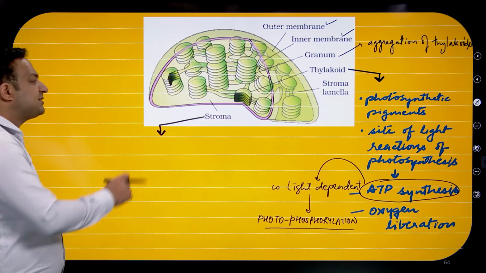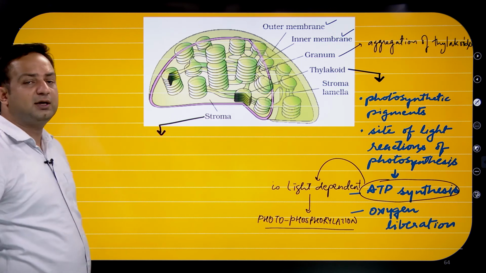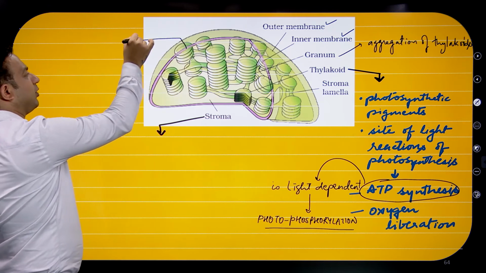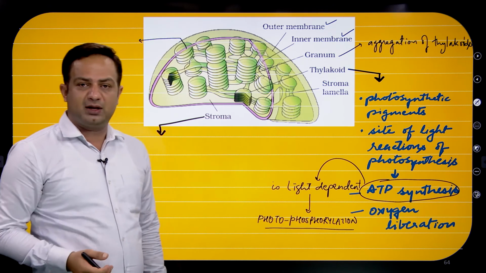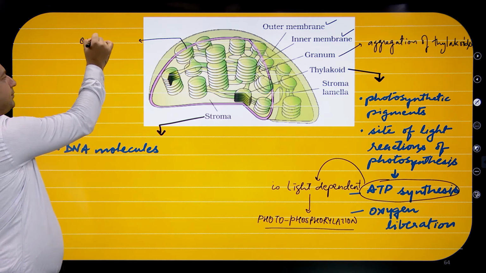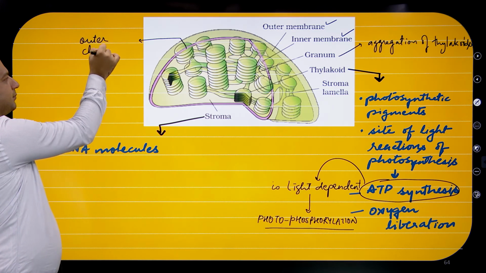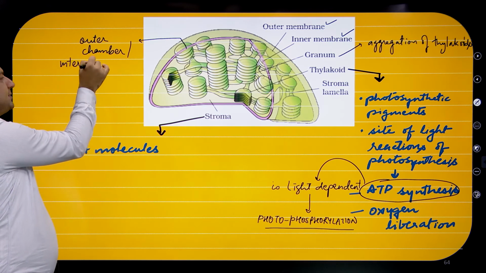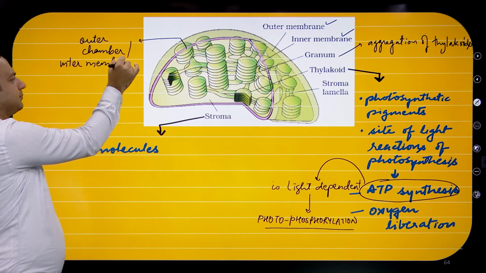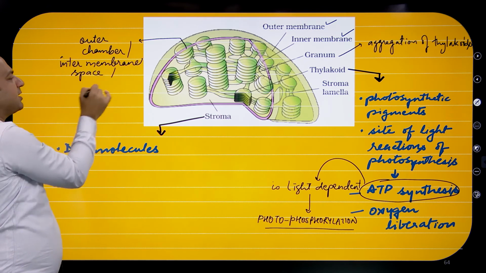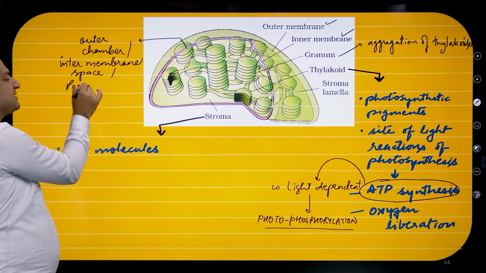Next is the inner chamber, which is called the stroma. This pink line is showing what? This is the outer chamber actually, or intermembrane space. I can call it the periplastidal space as well.